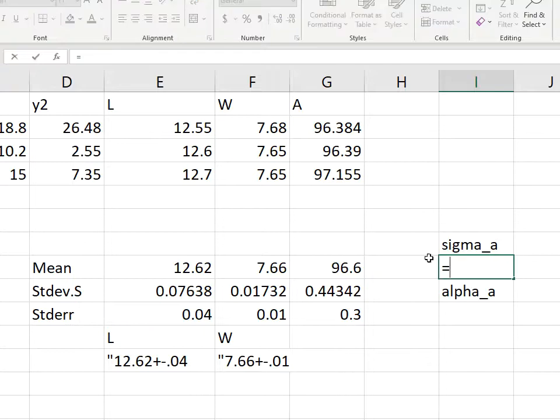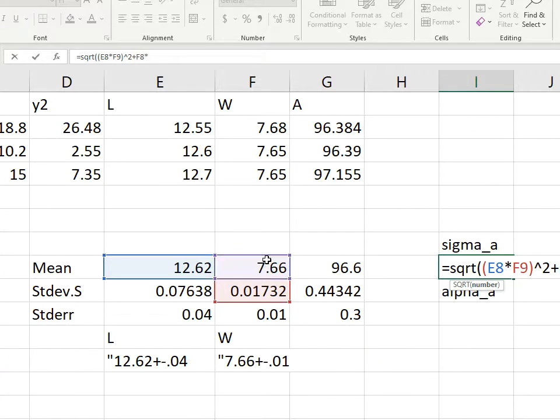To get the sigma of the area, we'll take the square root of the mean length times the standard deviation of the width, quantity squared, plus the mean width times the standard deviation of the length, quantity squared.